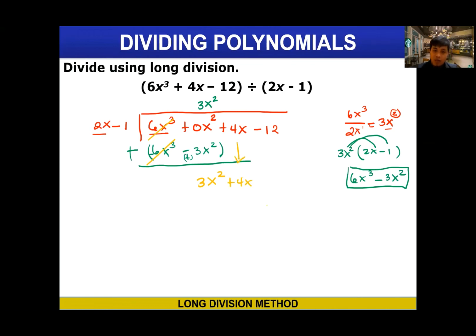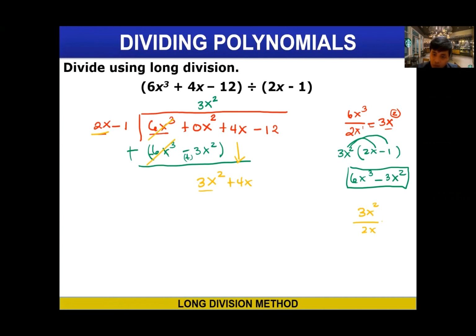From there, we divide the first term by the first term. So 3x squared, let's see if it is divisible. We have 3x squared divided by 2x.